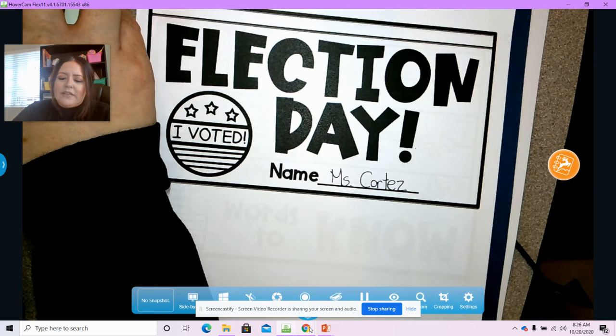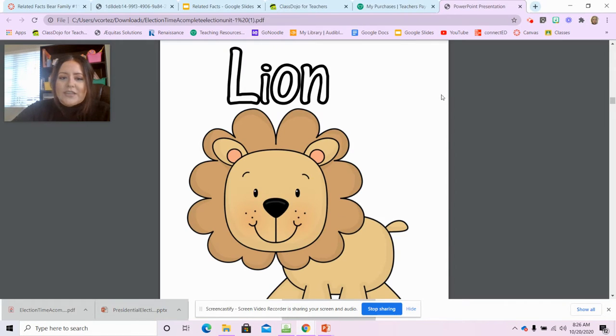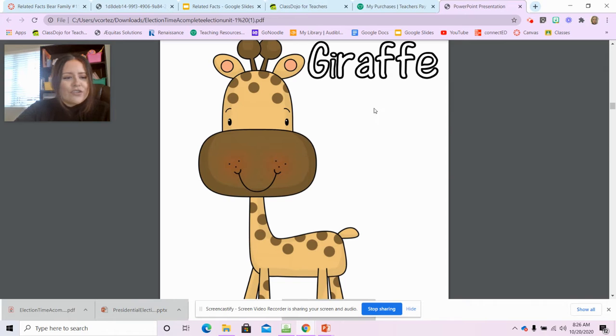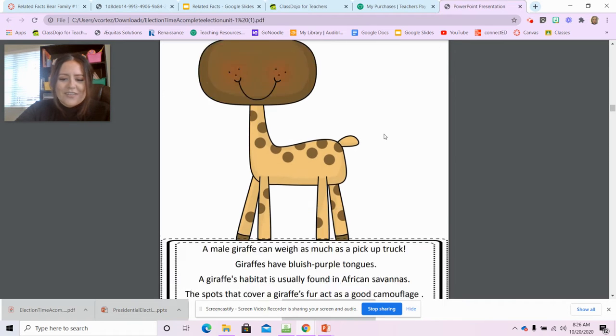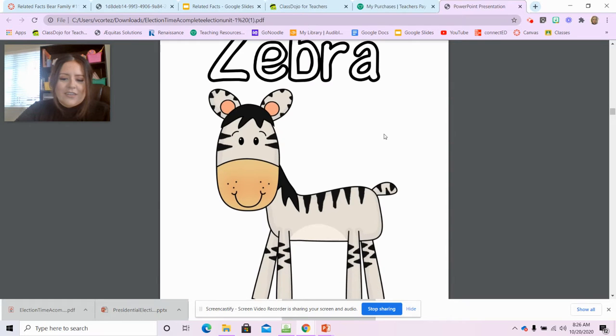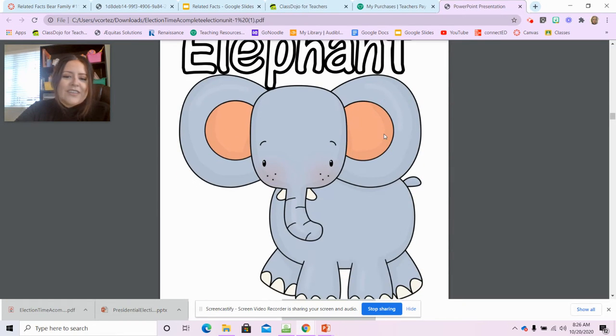For our class, we are going to get to choose between the lion. Do we want the lion as our mascot? Do we want the giraffe as our mascot? Or do we want a zebra? Or an elephant?